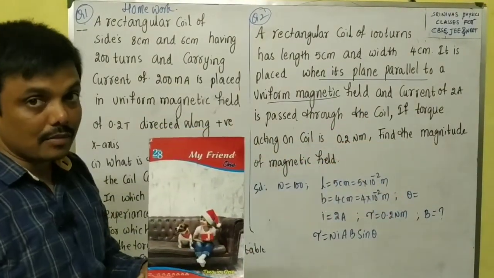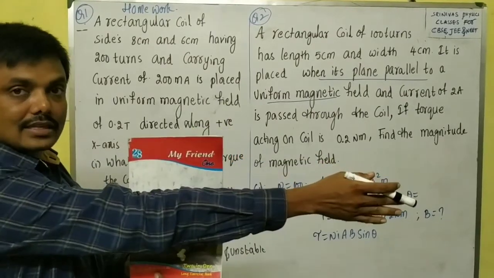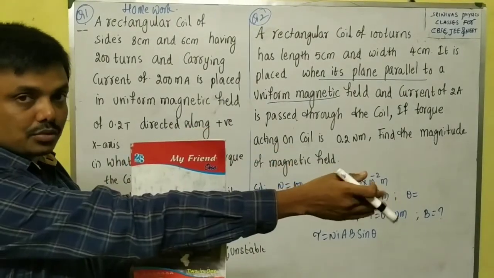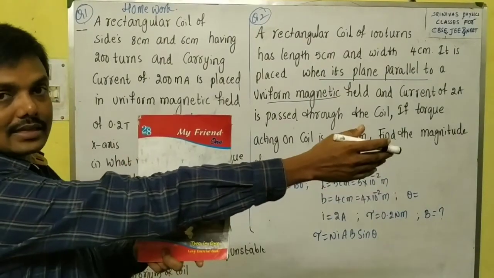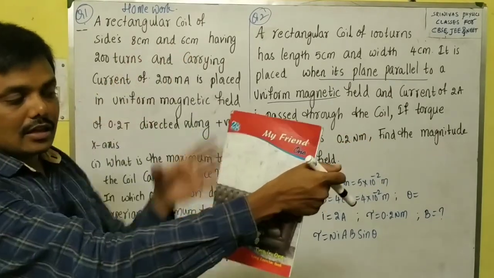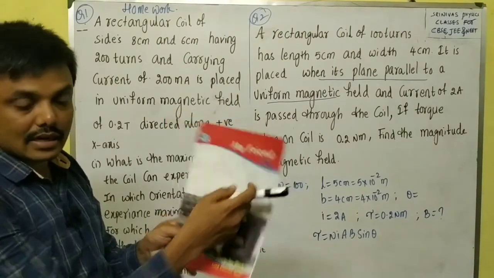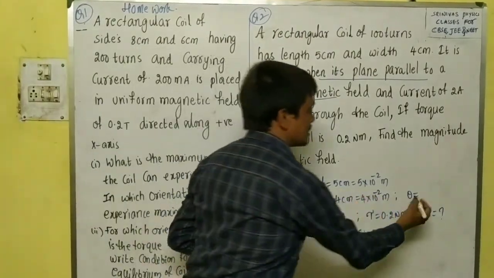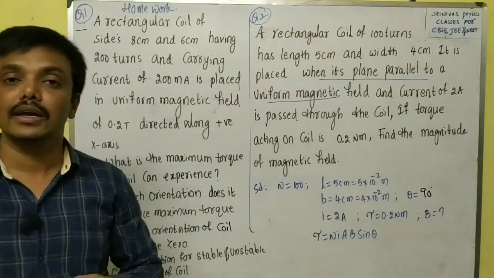Theta is the angle between the normal to the plane and the field. The field is like this, because the field is parallel to the plane, but the normal to the plane is like this. That means the normal is like this, the field is like this. Then in this case theta is 90 degrees. Theta is not the angle between the plane and field.